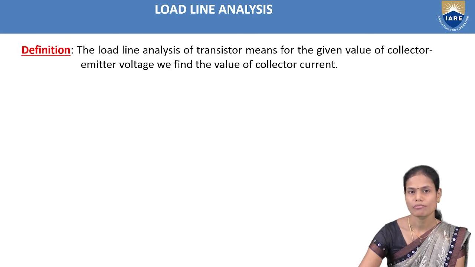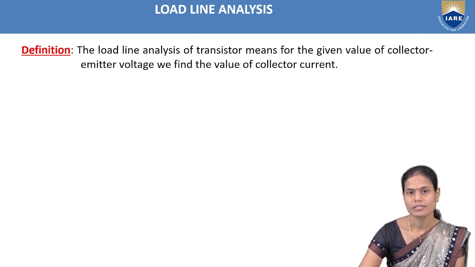The combination of this AC signal as well as biasing voltages will provide the required VCE voltage as well as IC current to make the operating point of the given transistor, or else we can draw the AC load line for the given input signal.